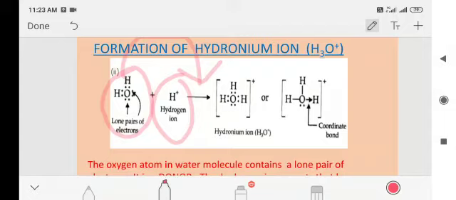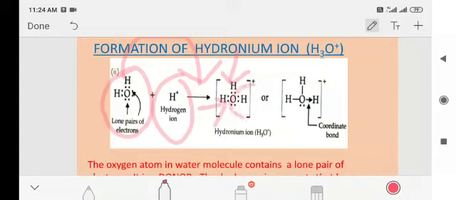And now look at the right side. In this case you will find 3 bonds. Here you will find one covalent bond. Covalent bond means electrons are shared by both atoms. One has come from the oxygen side, and one has come from the hydrogen side. And on this side also you will find another covalent bond in which each atom shares an equal number of electrons.